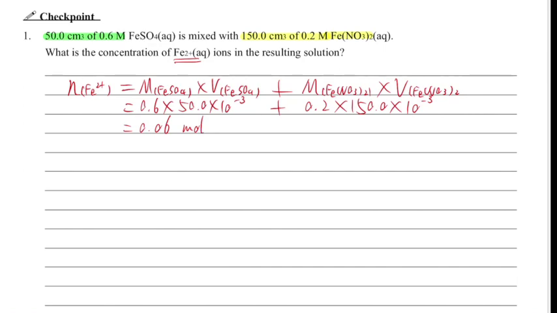Okay, and then let's work out the volume. The volume will simply be the sum of the two solutions, so it will be 200 cm³. And remember, we need to convert it into dm³, so 0.2 dm³.